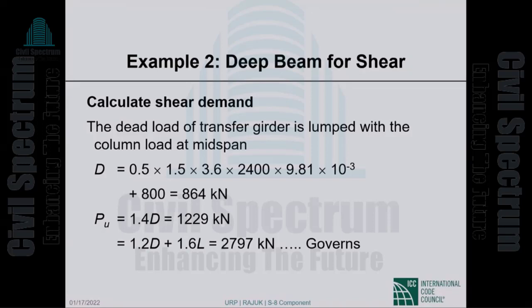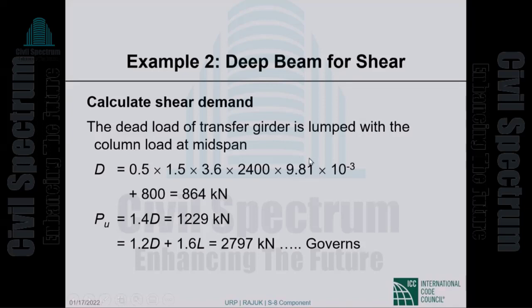So the dead load of the girder is, remember, 500 by 1500 section. 3.6 is the span. 2400 kilograms per meter cubed is the mass density of the concrete. You have to multiply that by g to get it into kilonewtons.